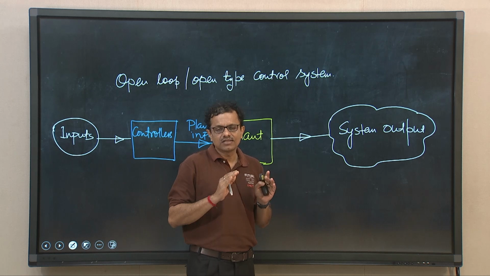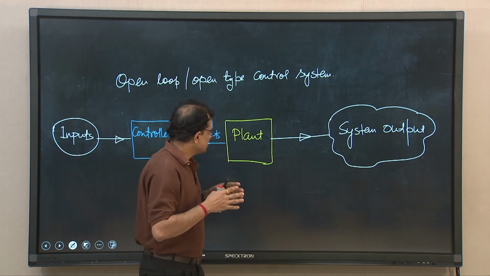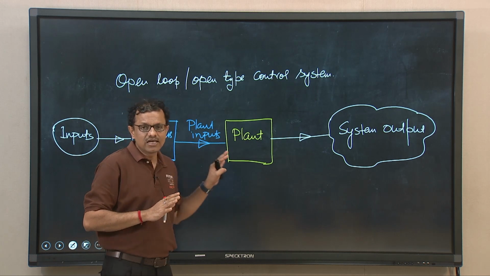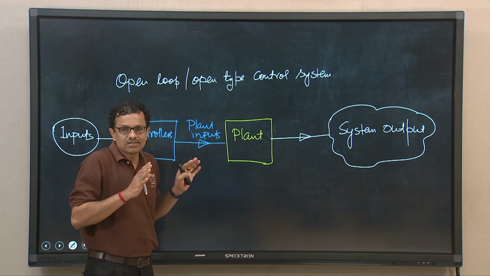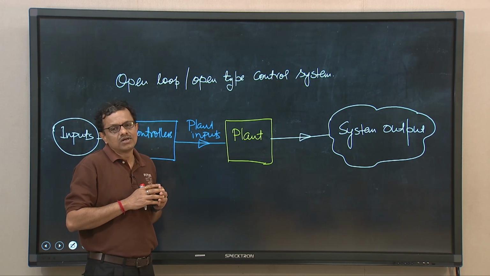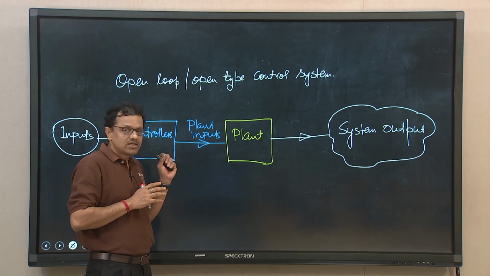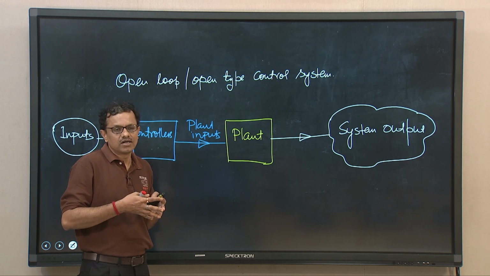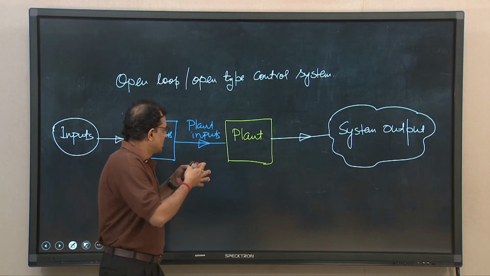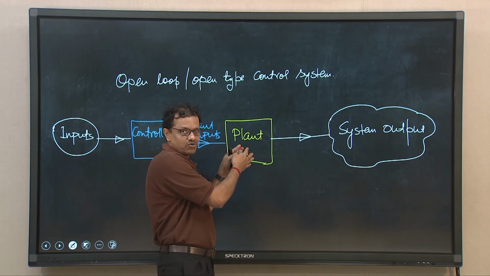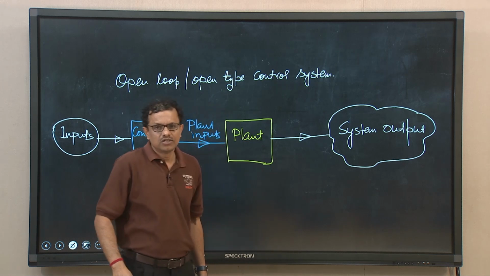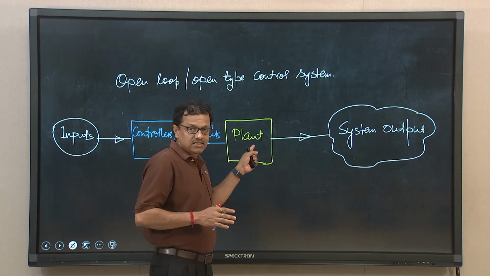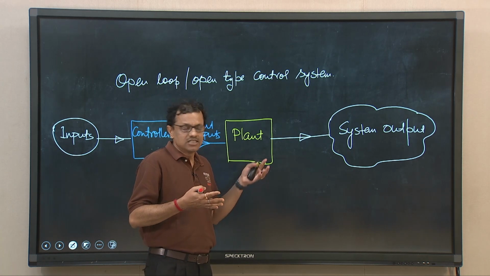I will try to explain this taking an example. Again, this is the most basic type, and from the block diagram itself you can understand that this particular system has the least functionalities. A desired output, sometimes also known as reference, is fed into the plant.